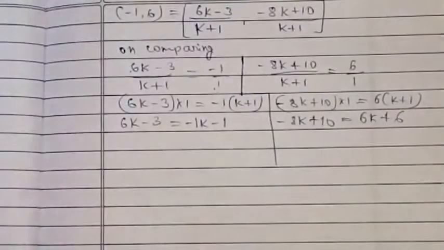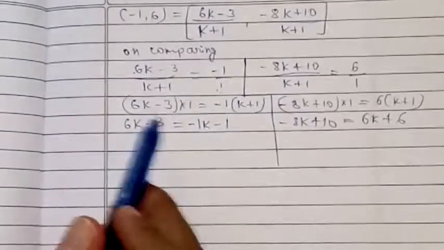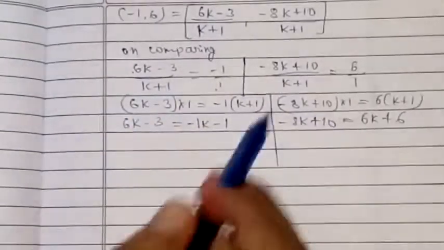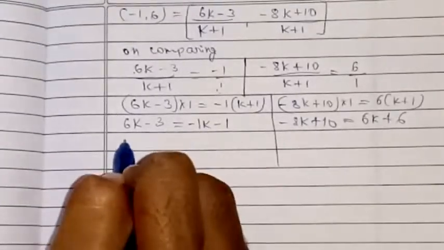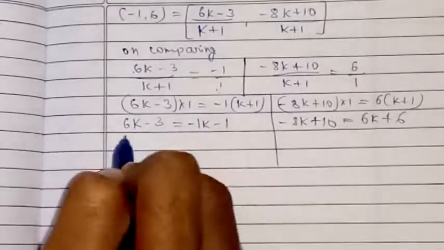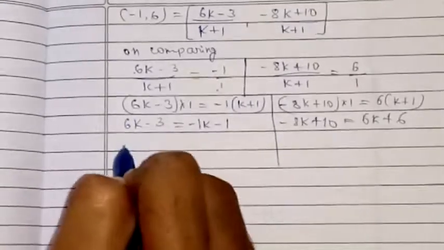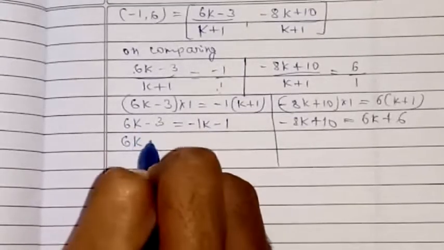Right children? Now you can find only one value. Either you can find the x coordinates or you can find the y coordinates. Right children? Now simplify this. So now just send minus 1k to the left hand side and minus 3 to the right hand side. So 6k, if you send minus 1k to the left hand side it will become plus.